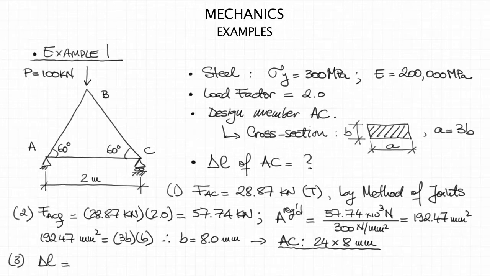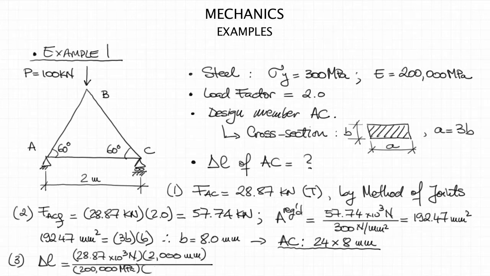Now, secondly, we need to calculate the elongation of this member that has the cross-section that we have just determined. So all we have to do is plug in the numbers, P times L divided by E times A, and remember to use consistent units.